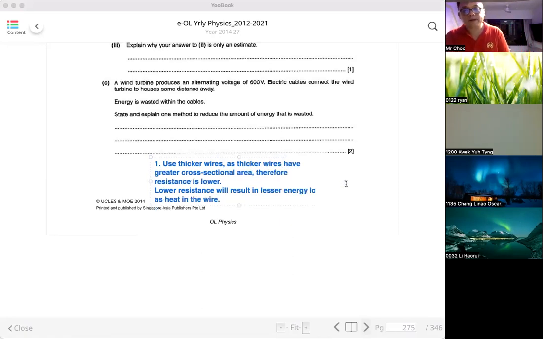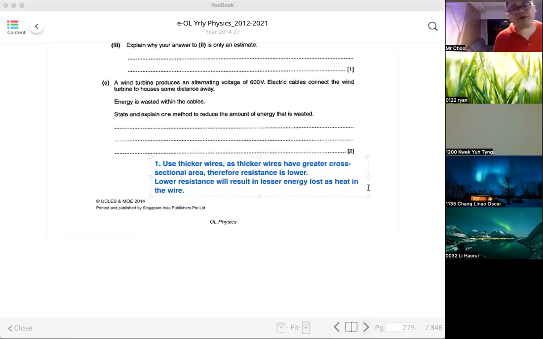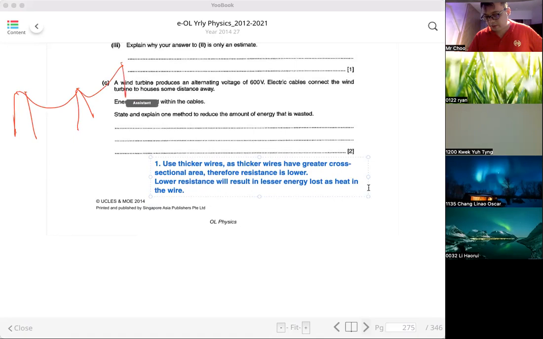Is that clear? Okay, the second method I haven't taught you yet, but do you remember last time I mentioned power lines? You see a lot of power lines in other countries. In the power line, the further the distance, the more energy you will lose.